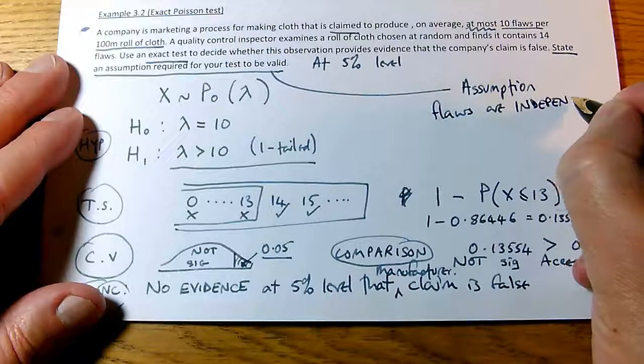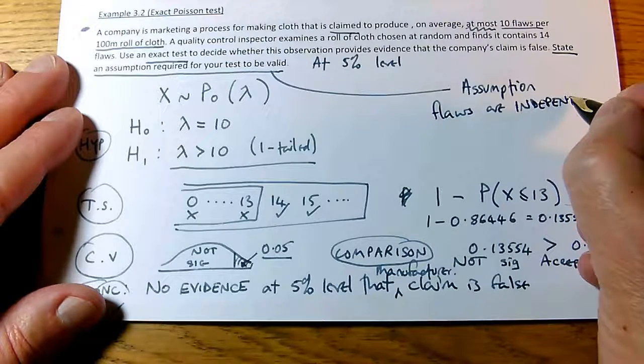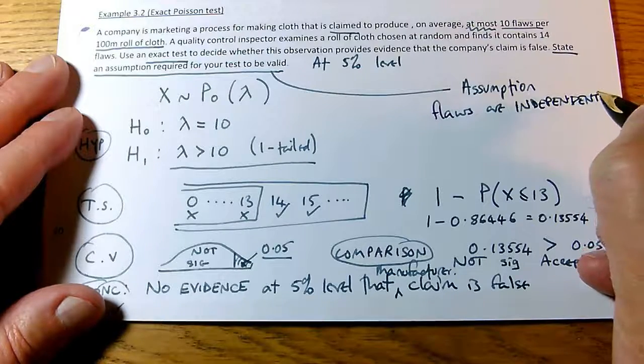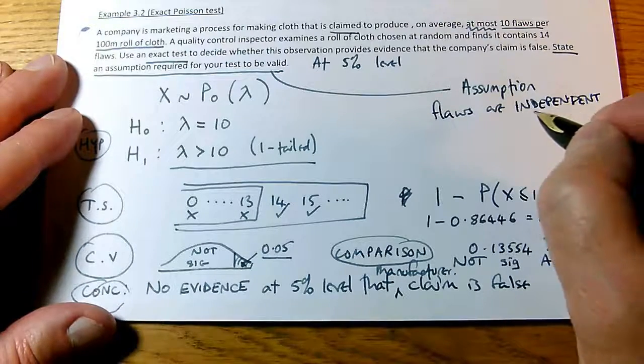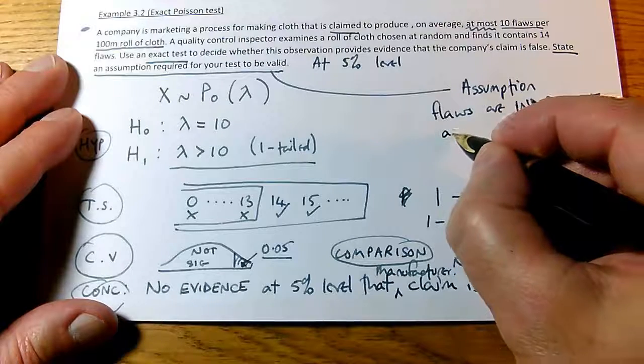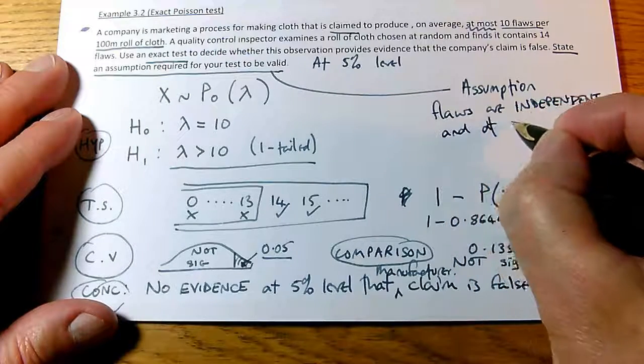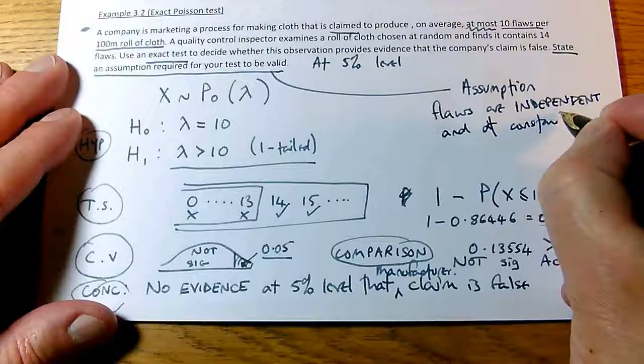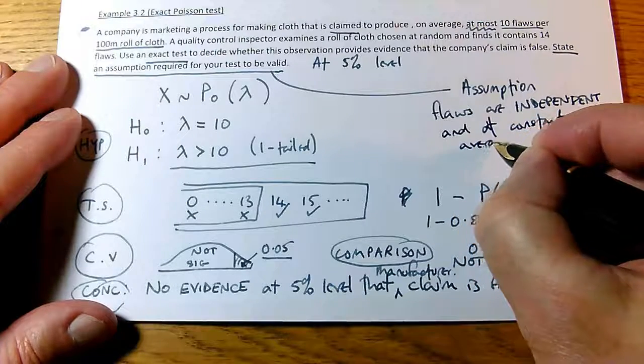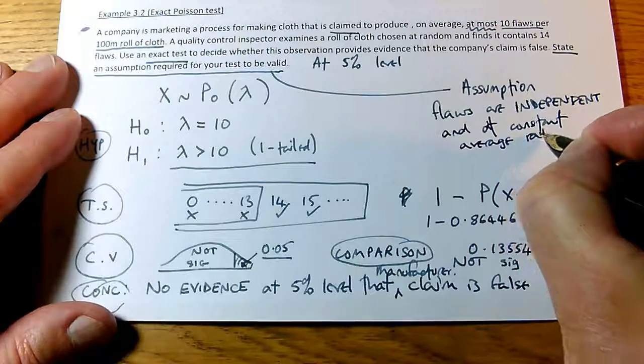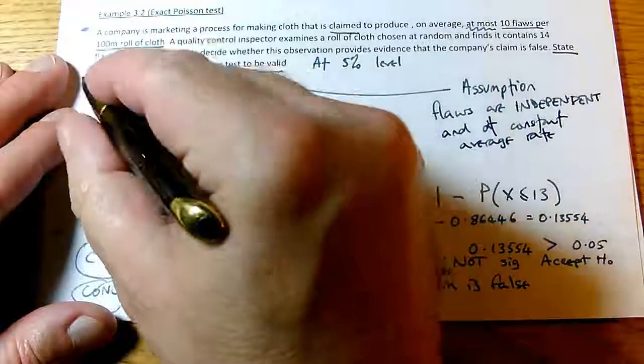They need to be independent events occurring at a constant average rate.